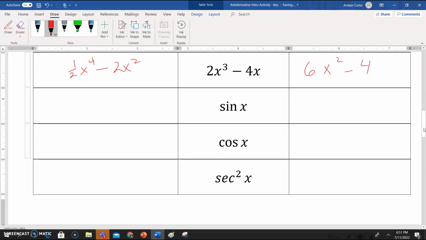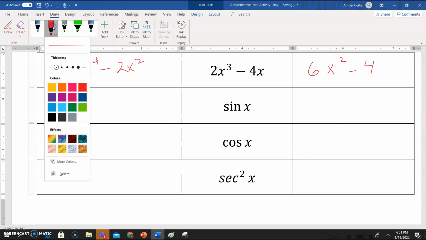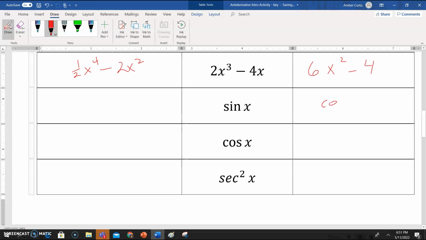And then for sine of x, its derivative is cosine x. And the derivative of cosine is negative sine x. And then its antiderivative for sine x is going to be negative cosine x. And then the antiderivative for cosine x is sine x. Then the derivative, we also know, of tangent x is secant squared x, so that's the antiderivative.